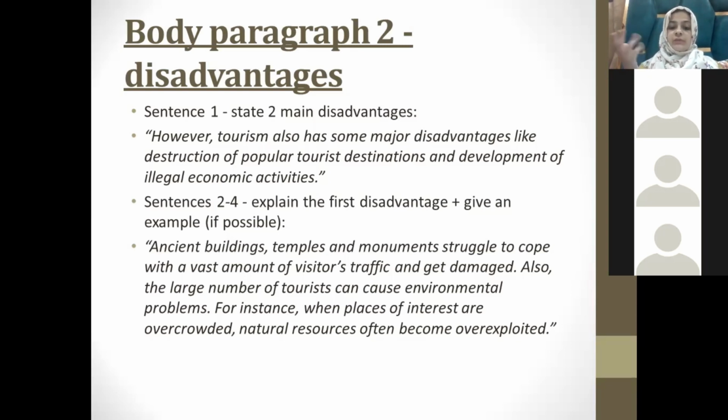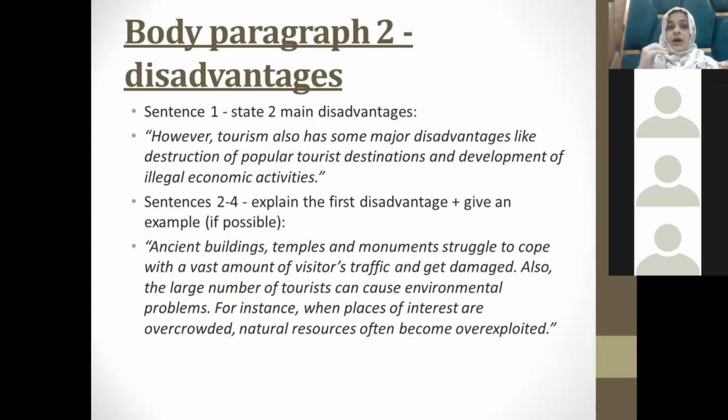For instance, when places of interest are overcrowded, natural resources often become overexploited. For example, when people in Pakistan visit the northern side, they litter anywhere around the lakes of Saiful Muluk and other lakes as well.